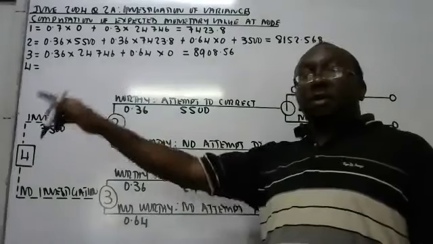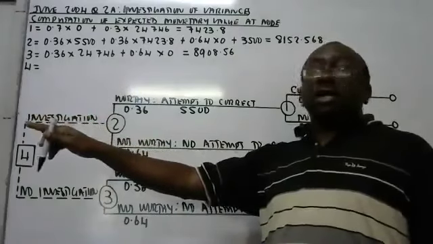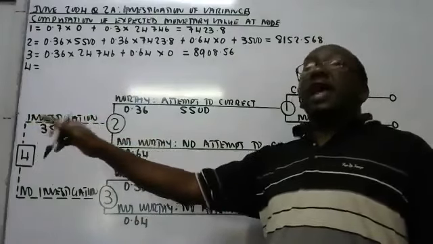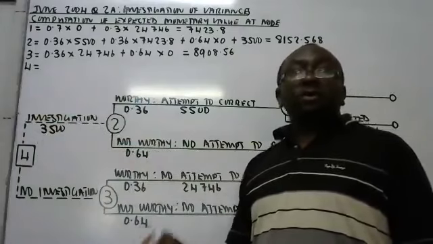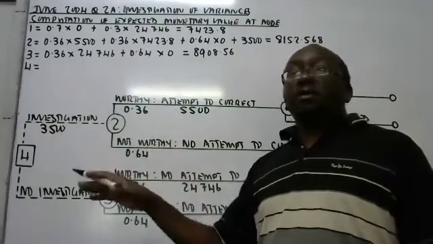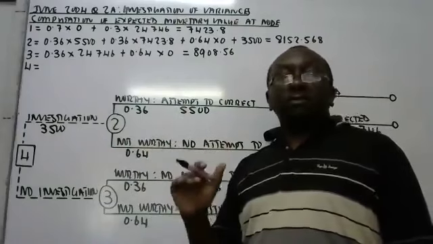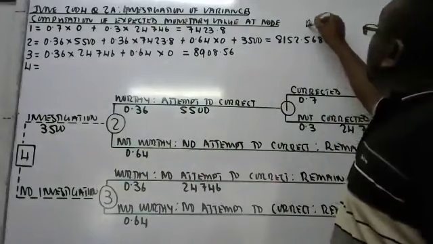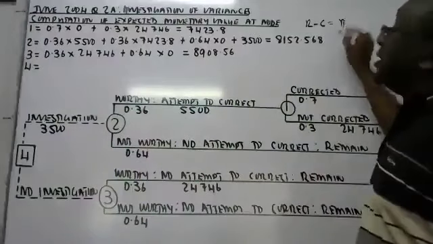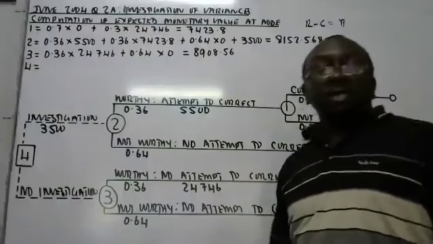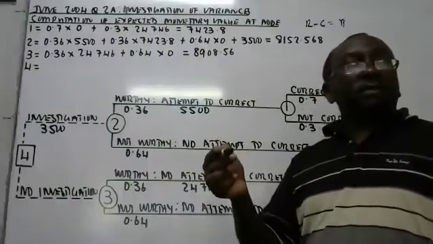If you remember the normal decision trees that we have been drawing, we say select the higher. The reason why we select the higher is because those figures that we have been working with are the payoffs, that is revenue minus costs, which is generally known as profit. And when you are deciding on the basis of profits, you go for the higher.